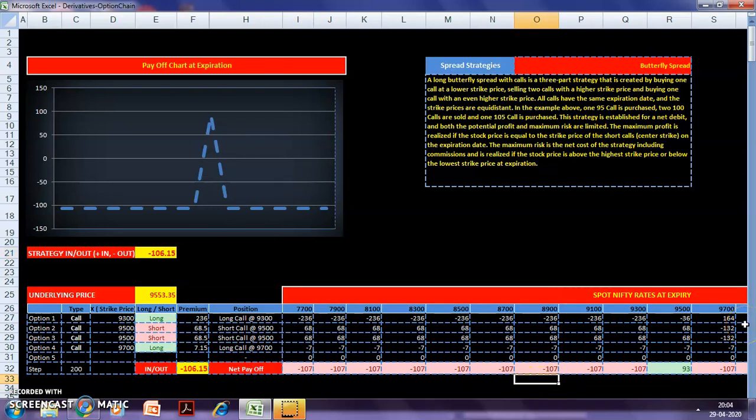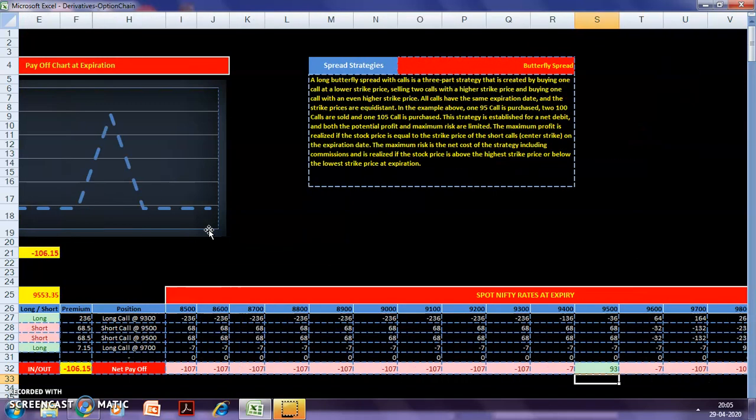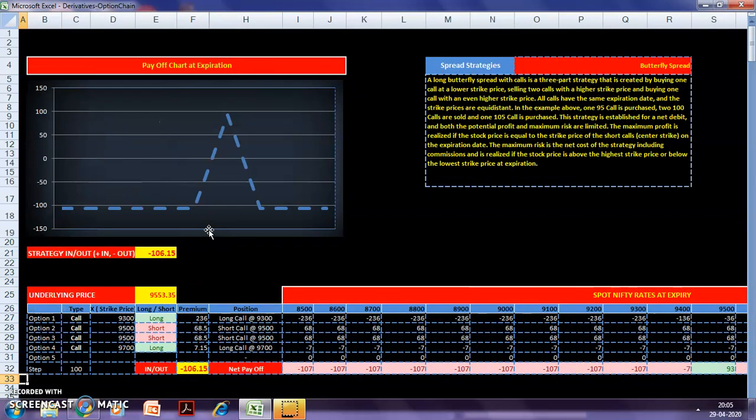So this again is a bet on volatility. You don't expect the volatility to increase much, and you want to eat away the premium, and the net debit is also not much. That is when you create a butterfly spread.